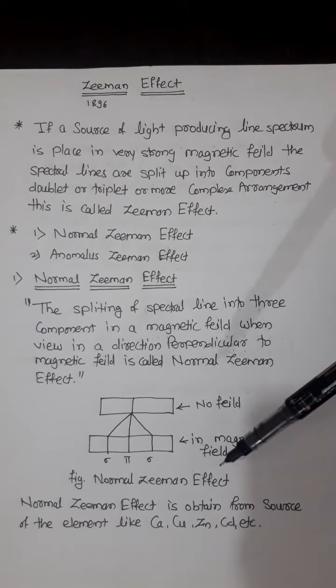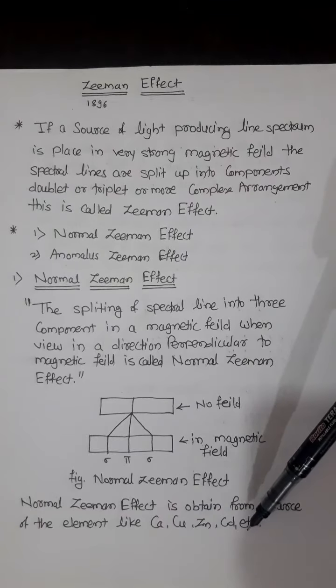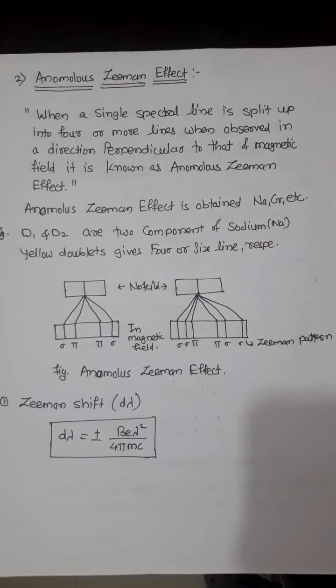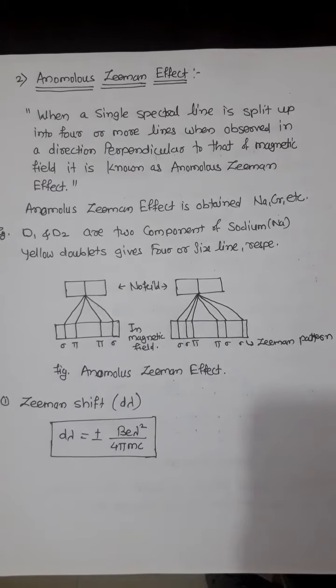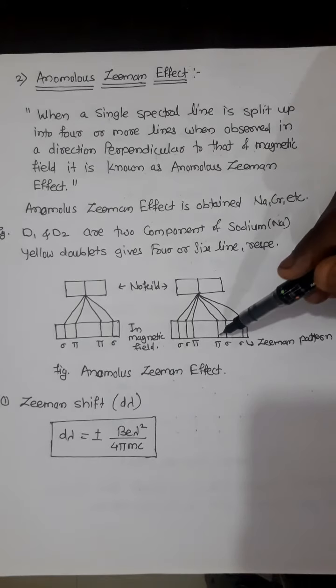In normal Zeeman effect, a substance emitting a line spectrum is placed in a magnetic field and its lines split up into a number of closely spaced lines.